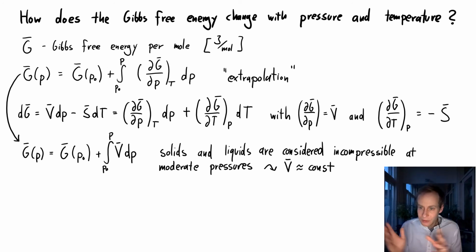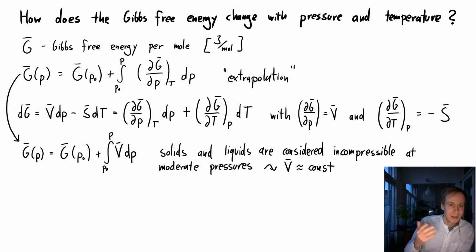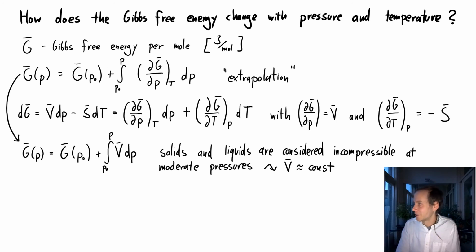And with moderate, I mean something like 1 atmosphere to maybe 50 atmospheres. I'm not exactly sure about the upper bound, but pressures that are not very high. At very high pressures, also liquids and solids will become compressed, but at pressures that are okay for us to survive, liquids and solids, their density or their molar volume doesn't change.